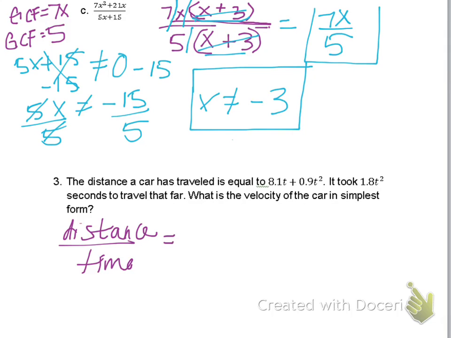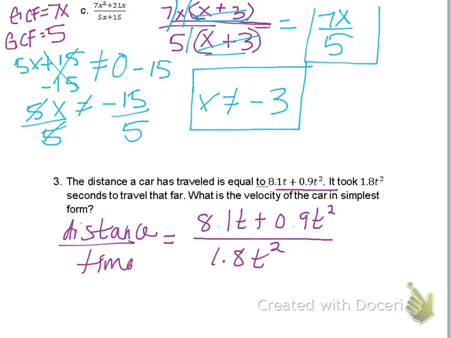So we'll plug in what we have. The distance is equal to 8.1t plus 0.9t squared. Now be careful not to get your addition symbols confused with your t's. And on the bottom, the time it took was 1.8t squared.